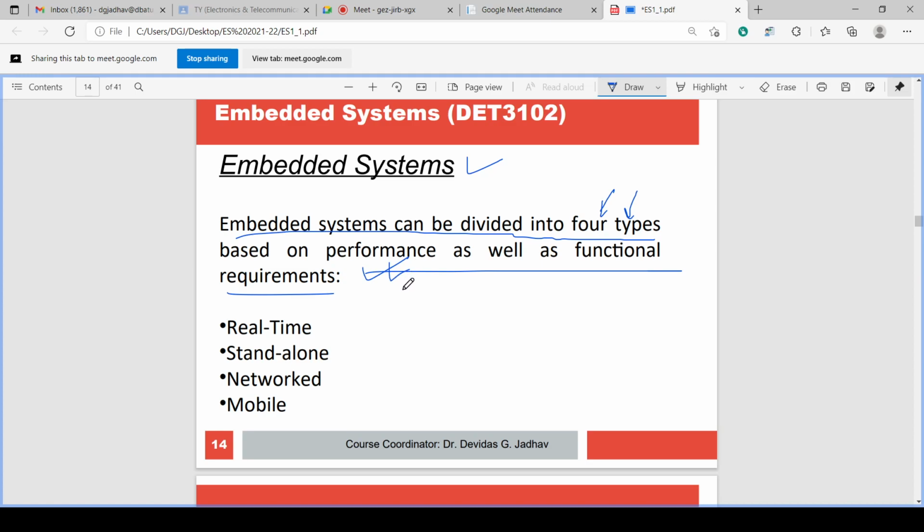What are the requirements for the functioning of that particular embedded system? So real-time embedded system is there, standalone embedded system is there, network embedded system is there, mobile embedded system is there. See, these are the types of embedded systems.